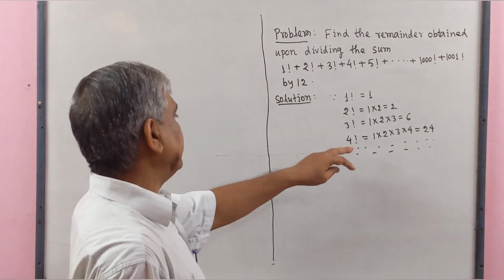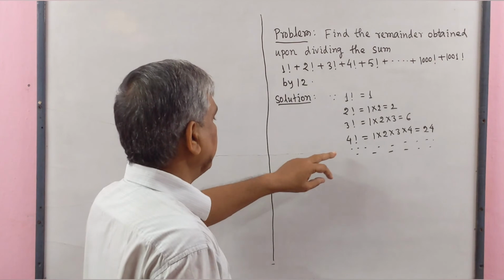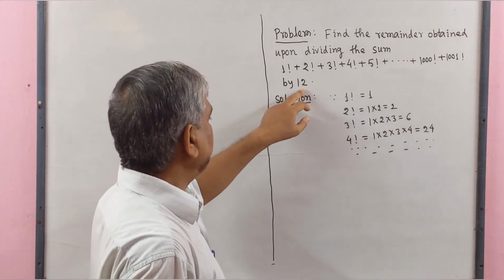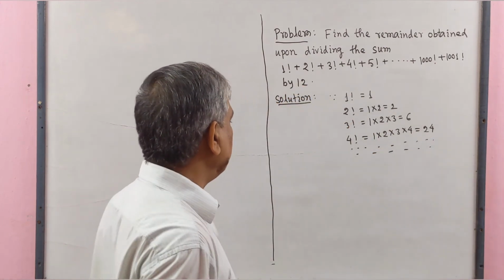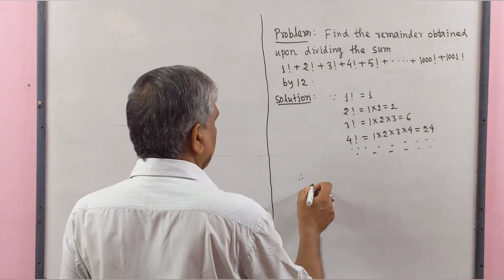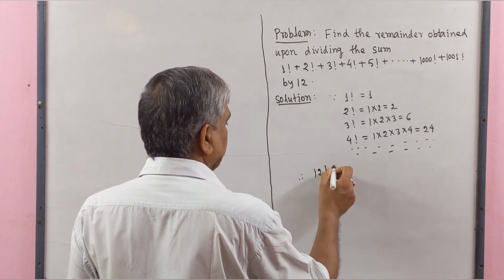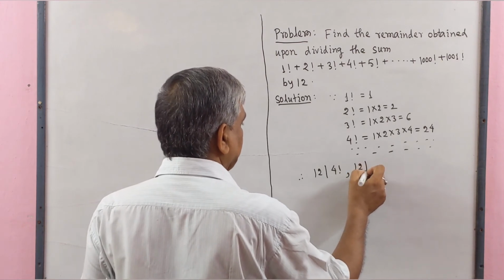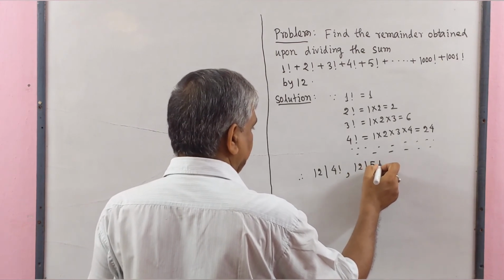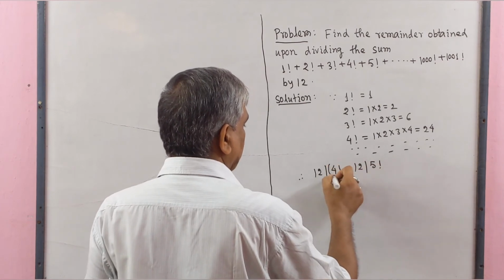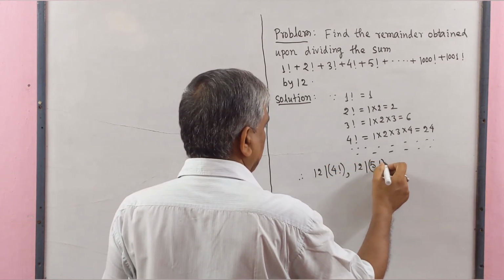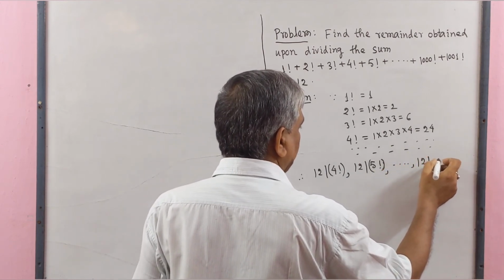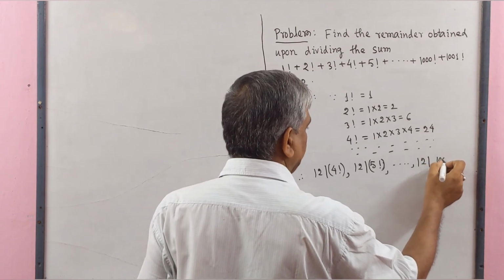Here we see that factorial 4 is divisible by 12, since 12 divides 24. Therefore 12 divides factorial 4, similarly factorial 5, and so on up to factorial 1001.